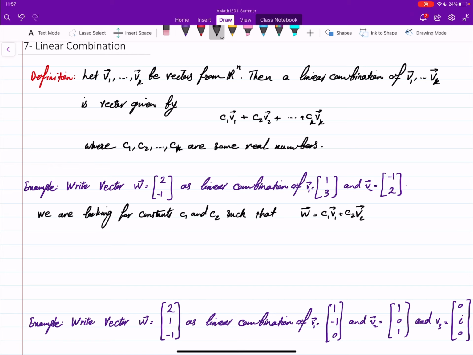Let's just write this in the form of vectors. So w is 2, negative 1, c1 times 1, 3, and c2 times negative 1 and 2.